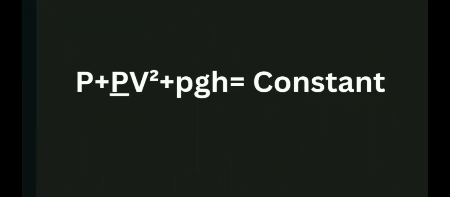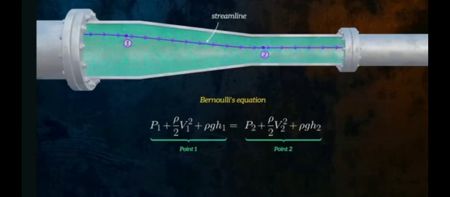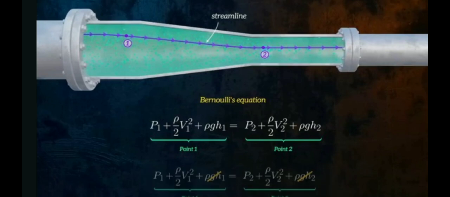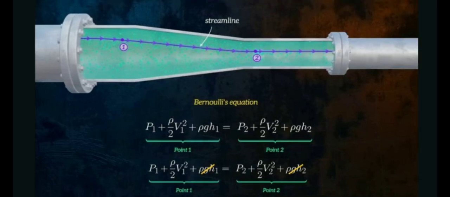Bernoulli's equation is usually used to compare the flow at two different locations, so we can rewrite it like this, with points 1 and 2 both on the same streamline. There's no significant change in elevation between point 1 and point 2, so the potential energy terms cancel each other out. And if we put all of the static terms on one side, we get this equation.